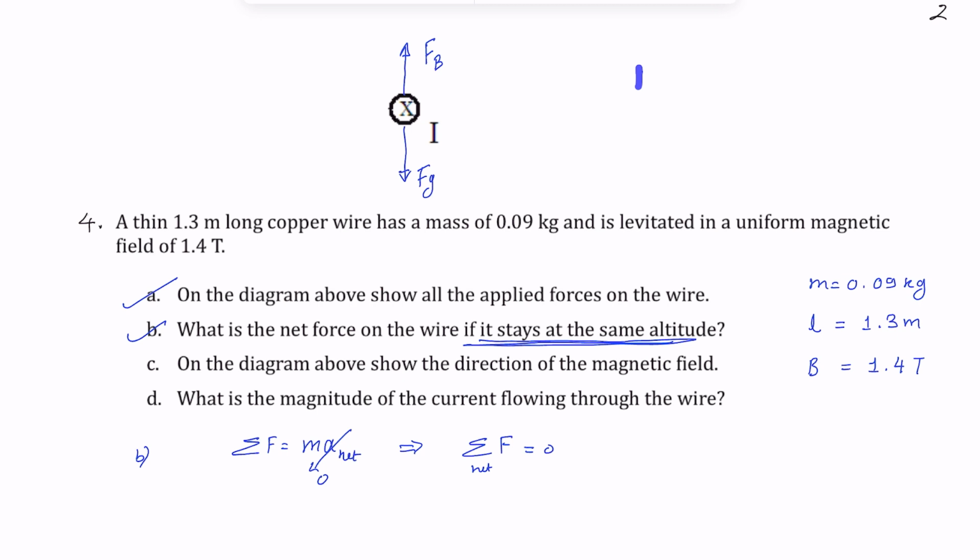If you again look at your formula sheet, you'll find that if you've got a current wire of length L, the force because of the magnetic field around it is given by this.